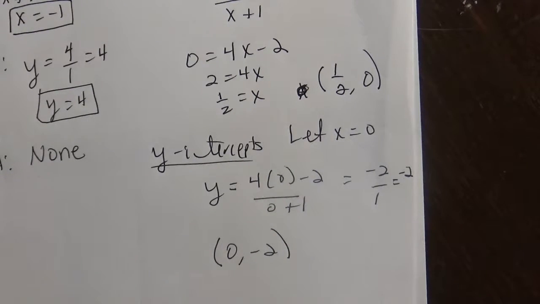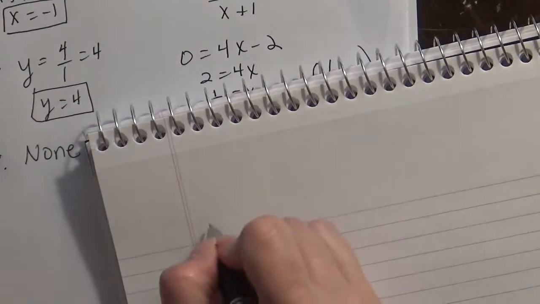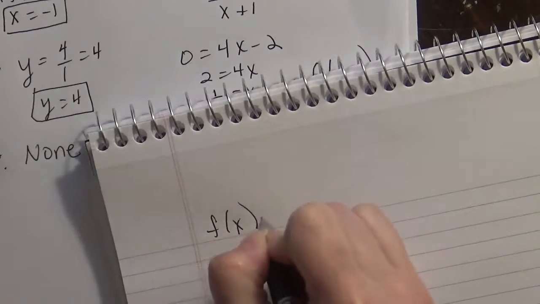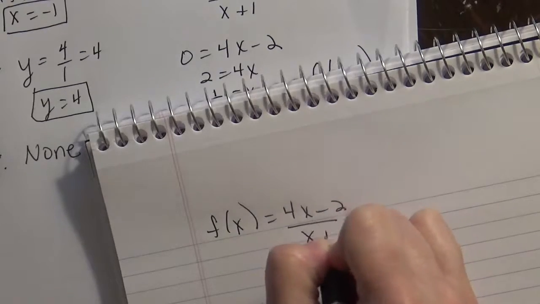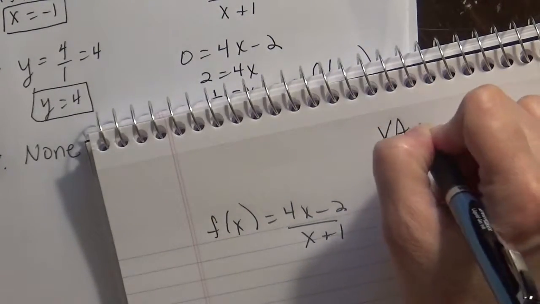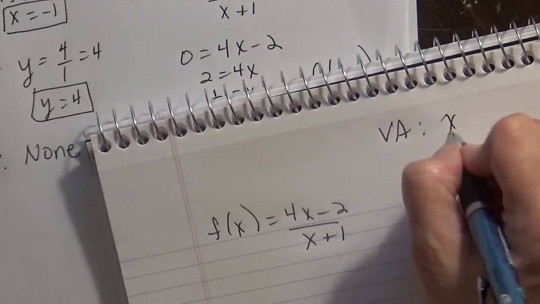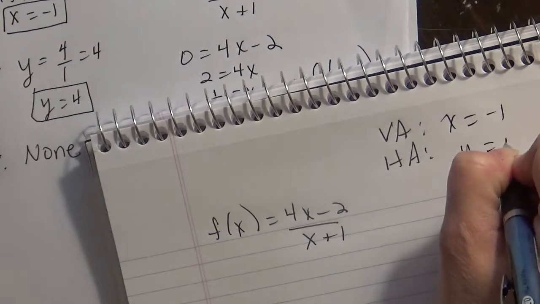So just summarizing what we have. Our function was f of x equals 4x minus 2 over x plus 1. We found a vertical asymptote of x equals negative 1. We found a horizontal asymptote of y equals 4.